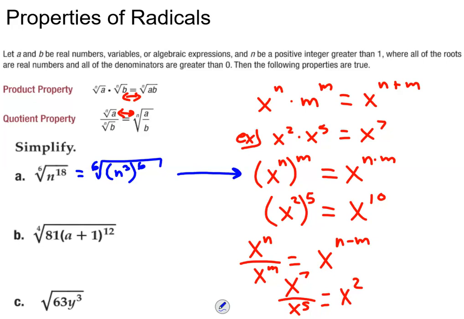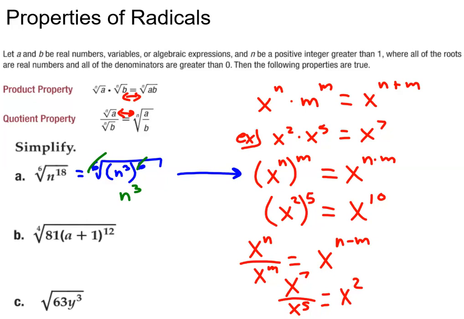And if we take the 6th root of something that is raised to the 6th power, basically how I like to think of it is these two things cancel out, and all we're left with is n to the 3rd as our simplest form in that case.